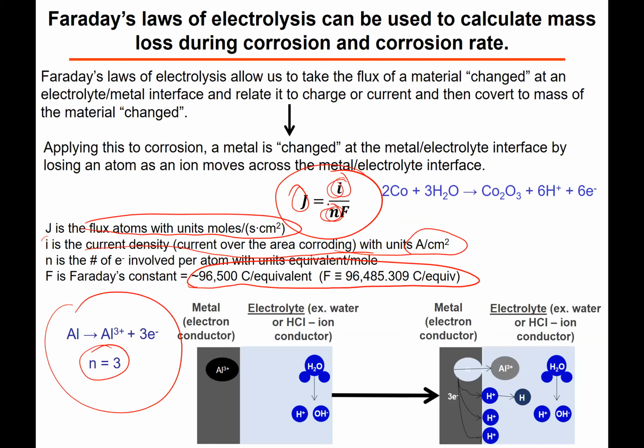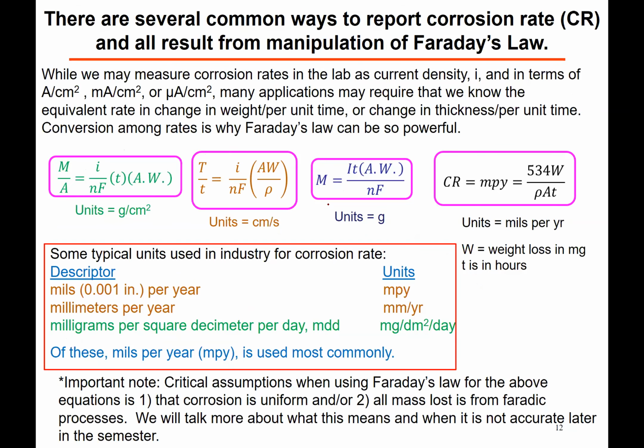And so here are some other forms of Faraday's law that we won't derive, but I just want to show you to demonstrate what you can get out of manipulating this equation, right? So if you want to know how much mass per area is being dissolved, what's the corrosion rate for that, we can manipulate that.